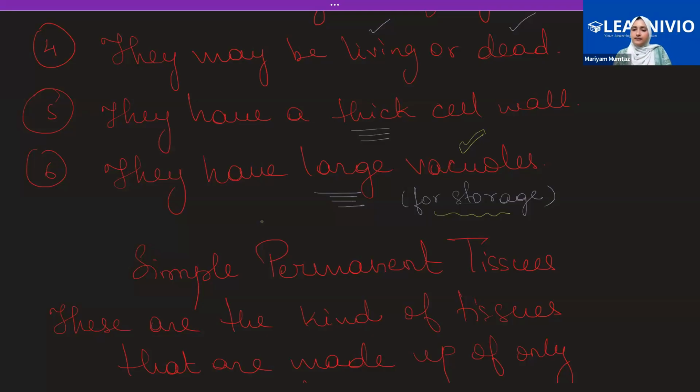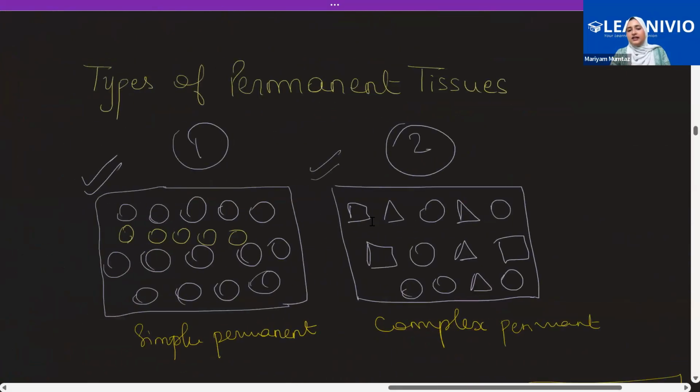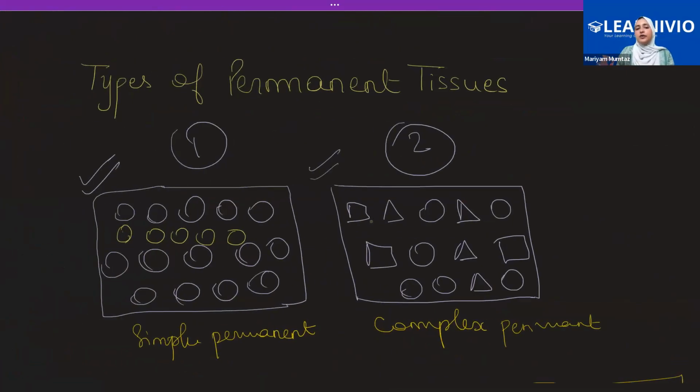Is it clear? Yes, ma'am. Any doubts? No, ma'am. Okay, now if you see over here, these are the different types of permanent tissues. Now, look at figures 1 and 2. Can you tell me what is the difference between them? Ma'am, the shapes.